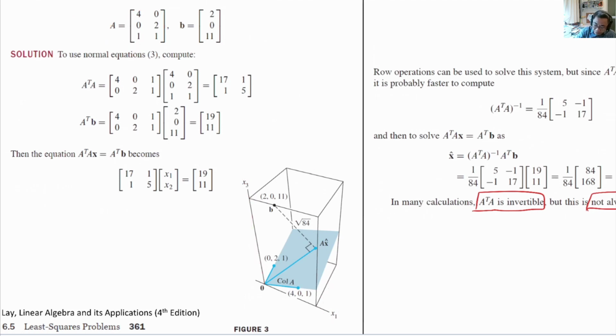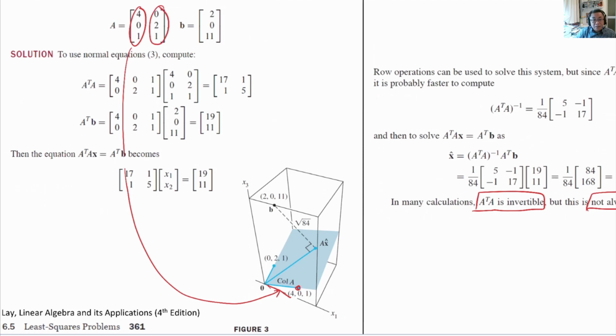Let us draw the vectors associated with column 1. It is this one: 4 along x1, 0 along x2, and 1 along x3.